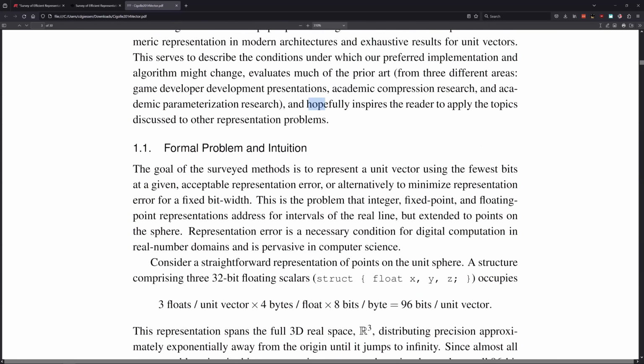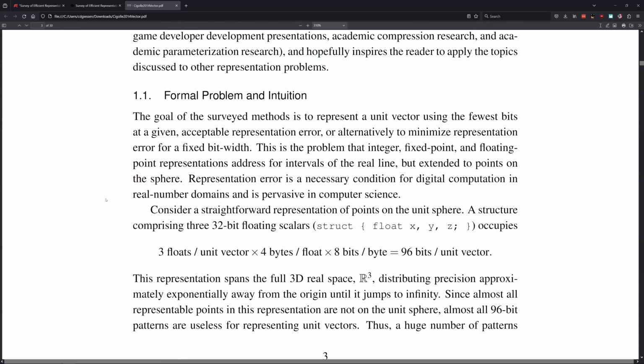Okay. So let's formally describe the problem. Unit vector representation uses fewer bits with acceptable error, or minimize error for fixed bit width.